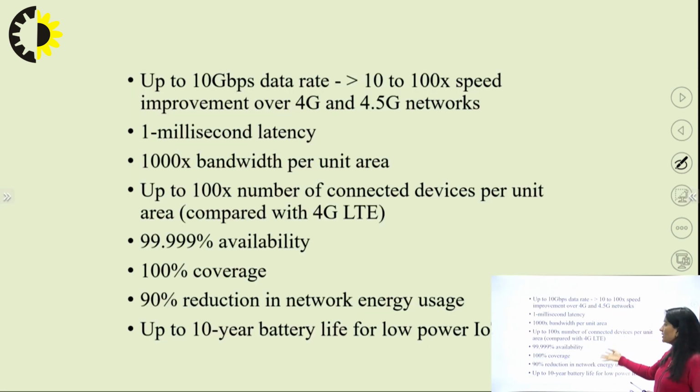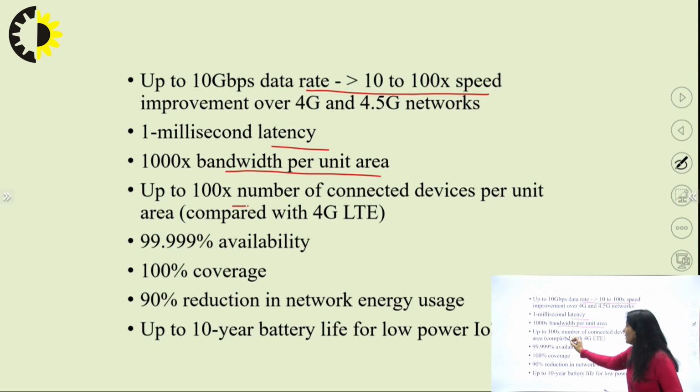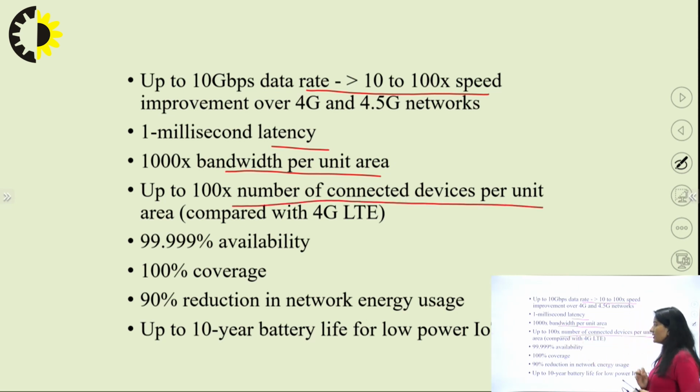So, this I have already covered. Up to 10 Gbps data rate, 1 millisecond latency, 1000 times bandwidth per unit area, up to 100 times the number of connected devices per unit area compared to 4th generation LTE. 99.99% availability, 100% coverage, 90% reduction in network energy usage, so it is more energy efficient compared to 4G in terms of the network.